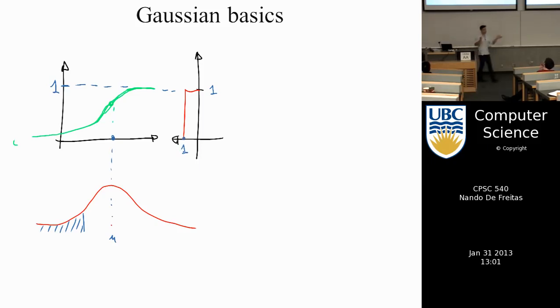So it must be 1, because the area under the probability must be 1. Now, if I can draw a random number from a uniform distribution, I can project that number to the curve, and when it meets the curve, I project back, and I get a sample from the Gaussian.